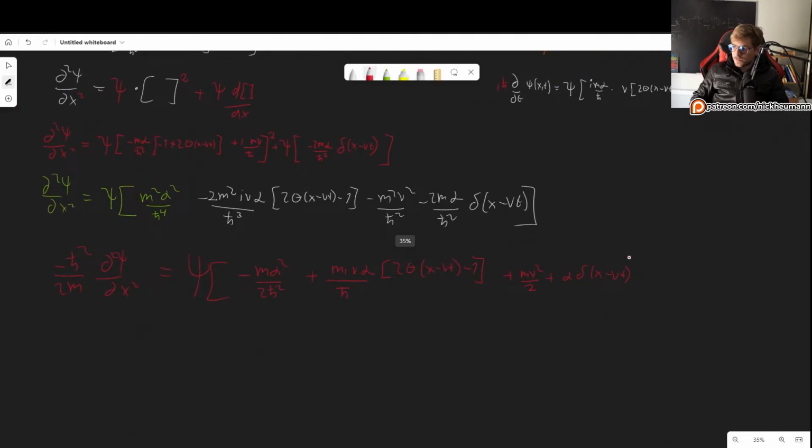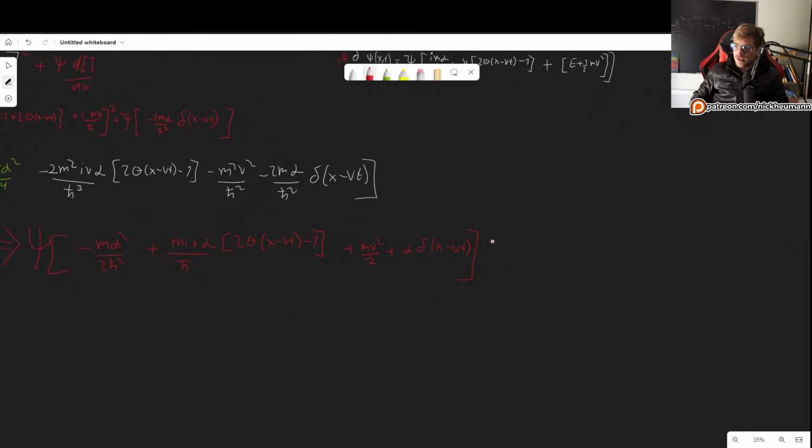So there we go, and this we now want to plug into the Schrodinger equation. Because I'm lazy, I'm just going to start it right here. So let's plug it in: this now plus the potential times the wave function.